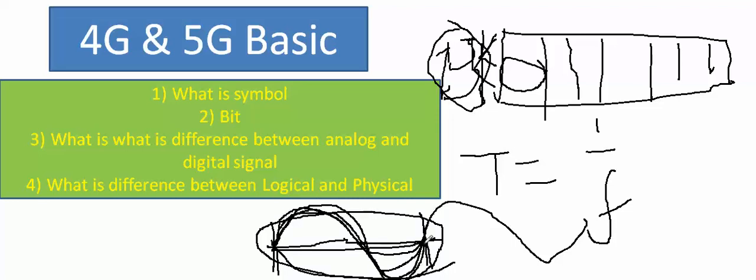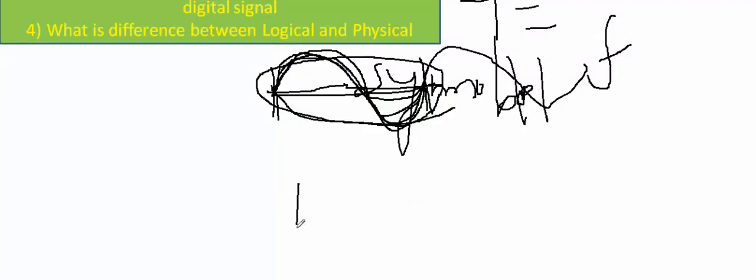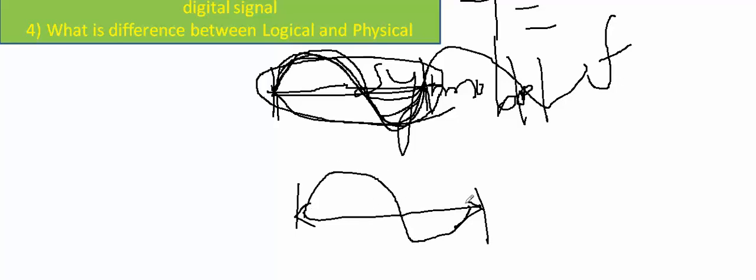When we complete one cycle, it's called a symbol, and it takes time from here to here. This is the time taken to complete one cycle.